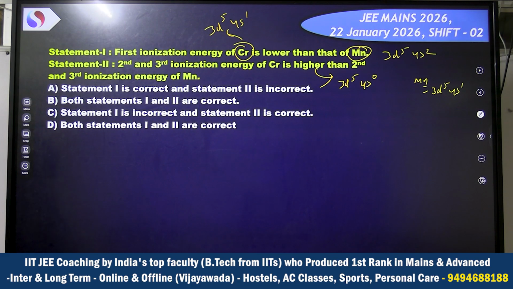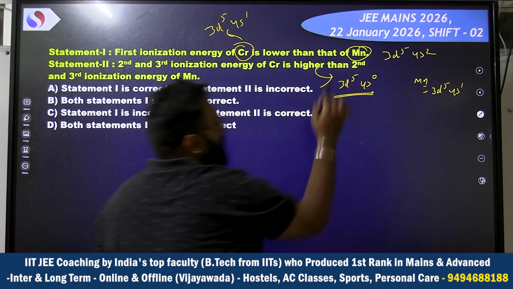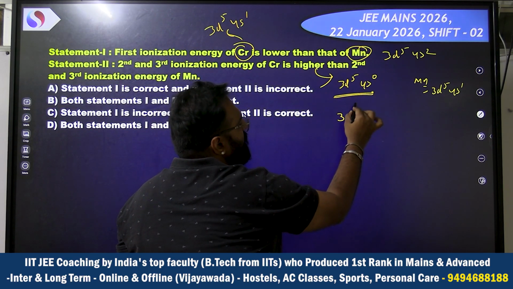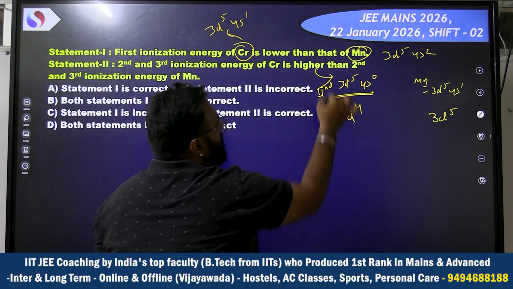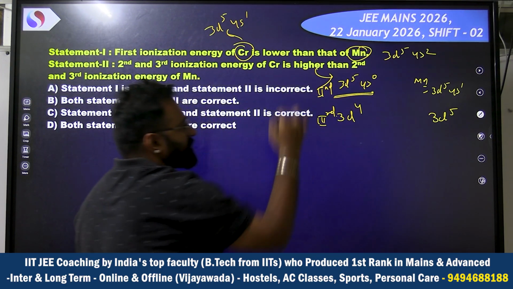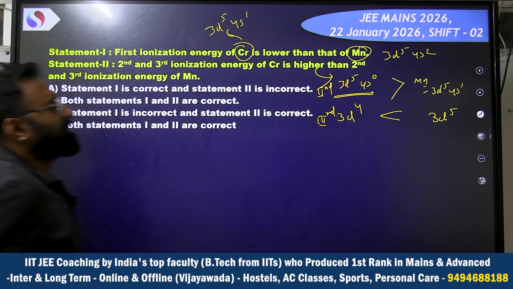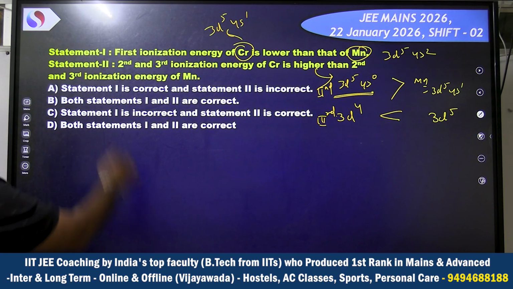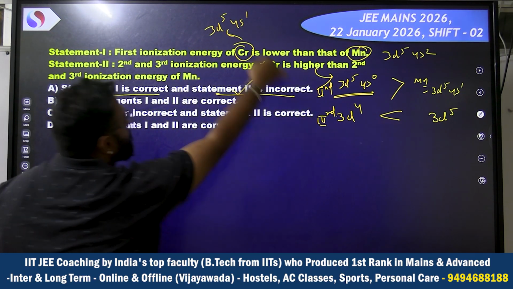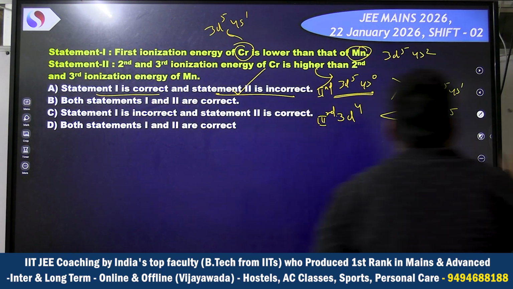The second ionization energy of Cr is higher, but for the third ionization energy, Cr is 3d4 and Mn will be 3d5. This is the second ionization energy, this is the third ionization energy. The third ionization energy of Mn will be more, the second of Cr will be more. So statement 2 is incorrect. Statement 1 is correct, statement 2 is incorrect. First option will be the correct answer.